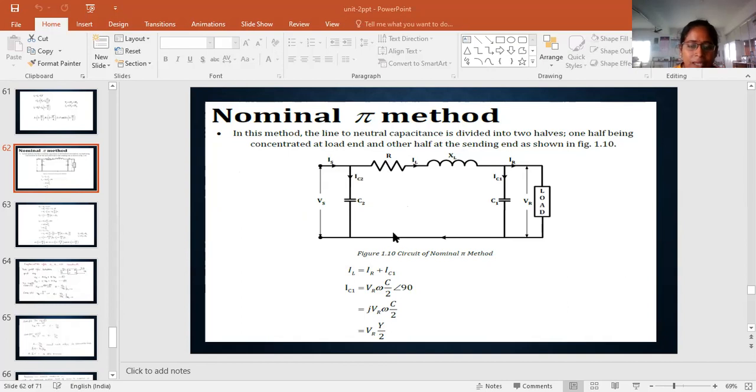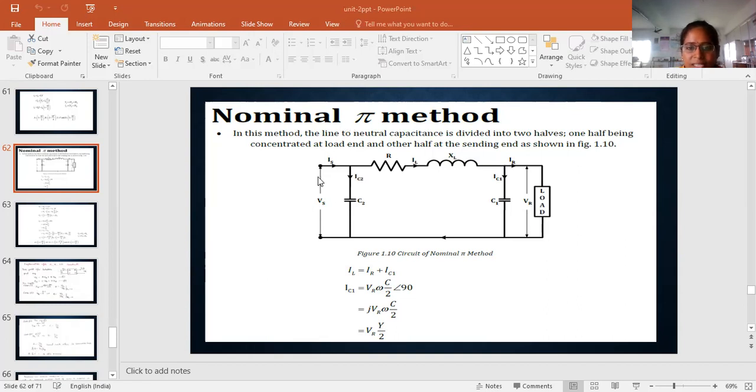In this circuit, the current at the sending end is Is and the sending end voltage is Vs. At the receiving end, where the load is connected, the voltage is VR and the current is IR.